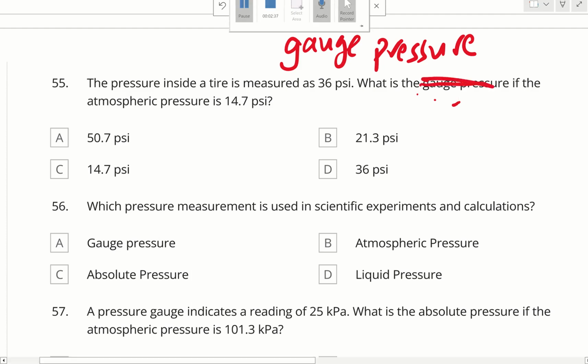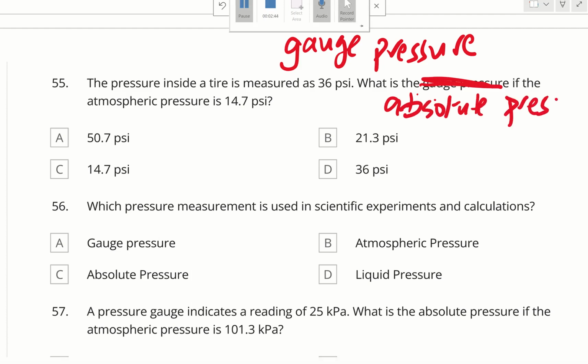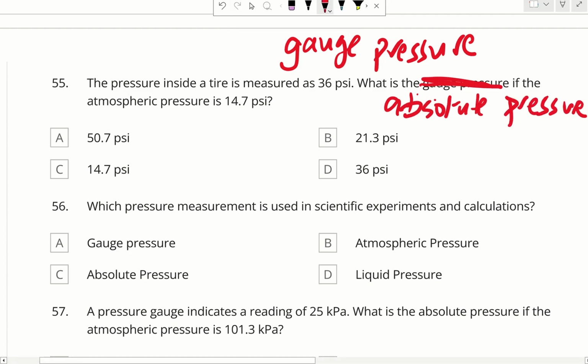I think the mistake here is they wanted to ask for absolute pressure. So my gauge pressure is 36. My absolute pressure, I want to know what it is, and my atmospheric pressure is 14.7 psi.